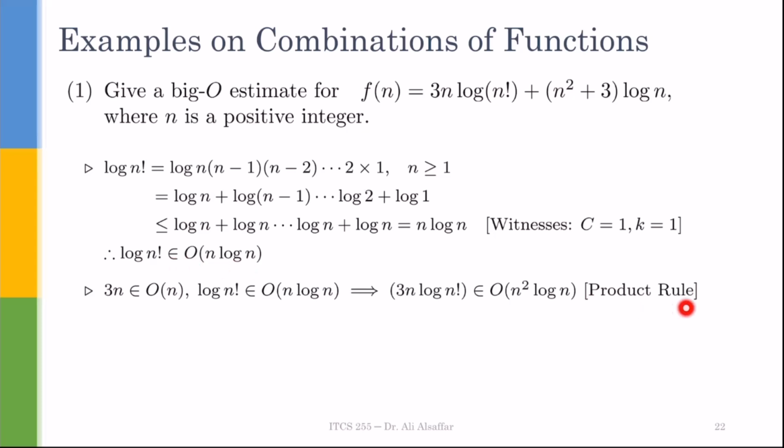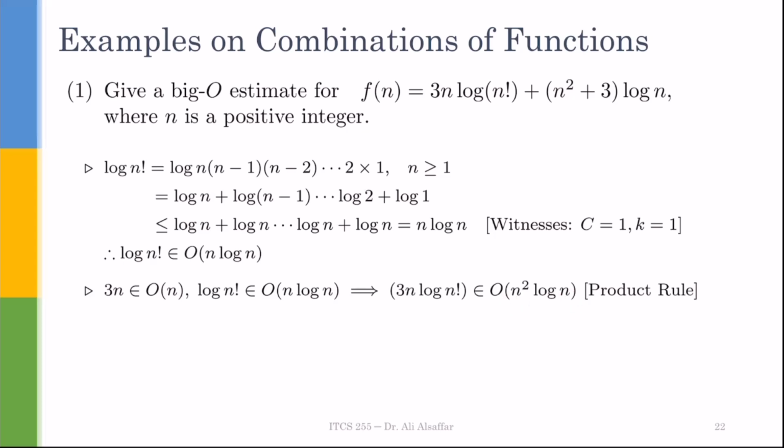Now using the product rule, to find the order of the product between these two functions, we multiply the order of each of them to get the answer.